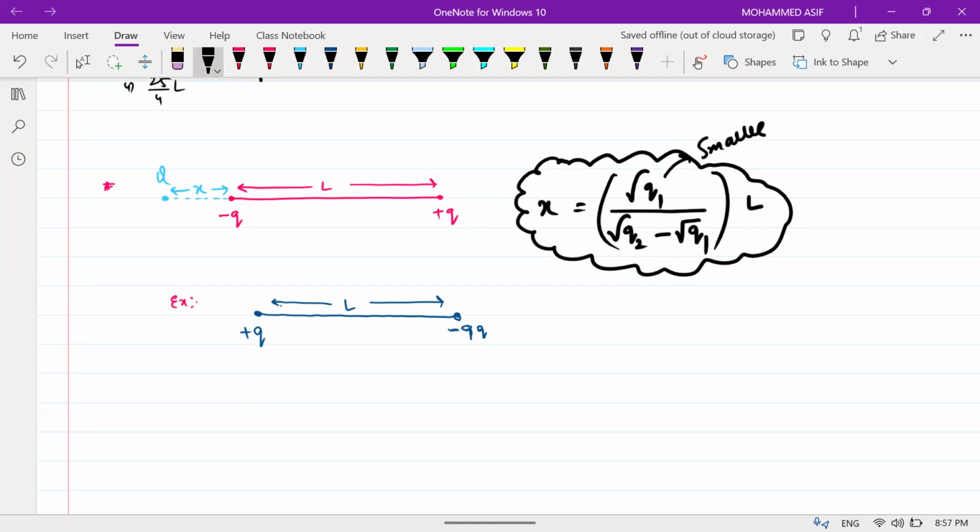It will be plus q. Somewhere here it will be your third charge. This is your x.